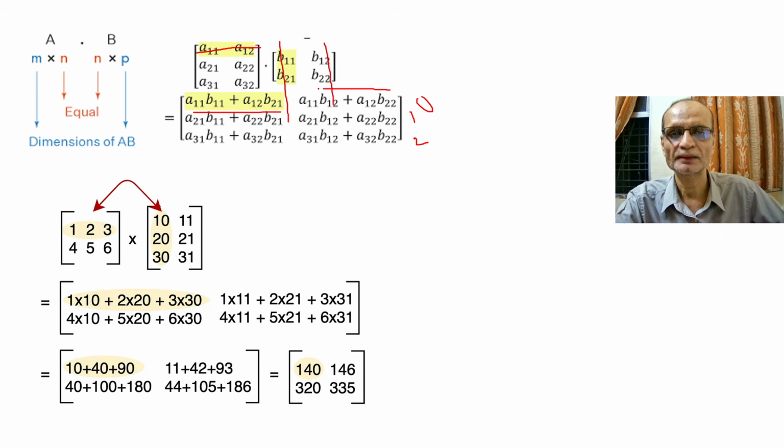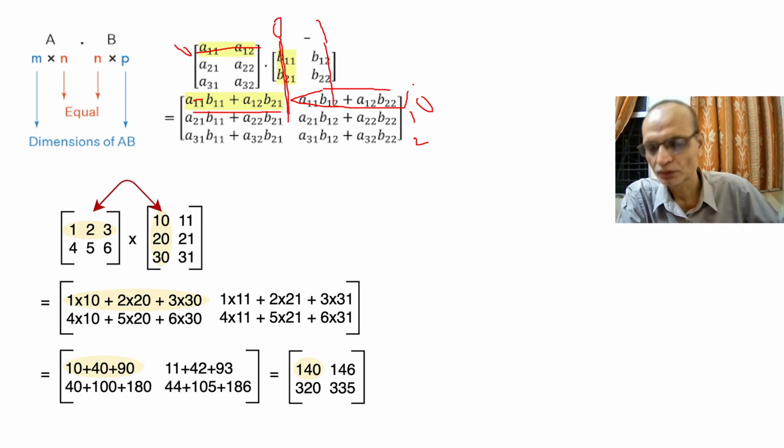To have this element, this particular row will be multiplied by the 0th column. This is row 0, this is column 0, and this is column 1. If you do it like that, you are able to do the matrix multiplication.